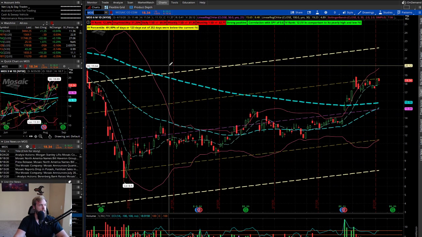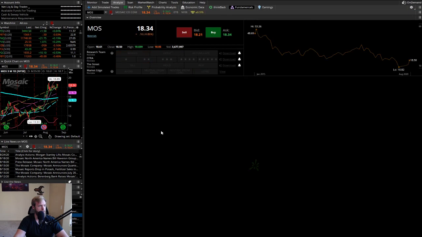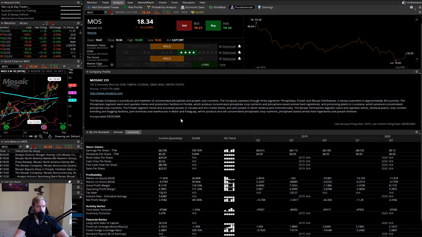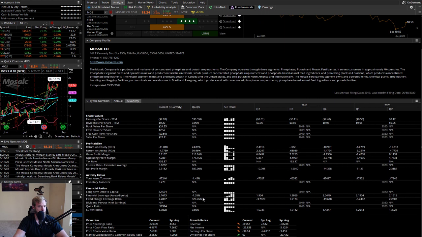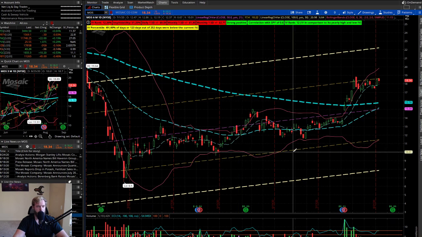And then Mosaic, I like because if we pull up their fundamentals from a materials perspective, I don't feel super passionate about that per se. But when I look at something that's been fairly stable after the drop, I definitely think Mosaic is there. So that's how this one ended up on the list.